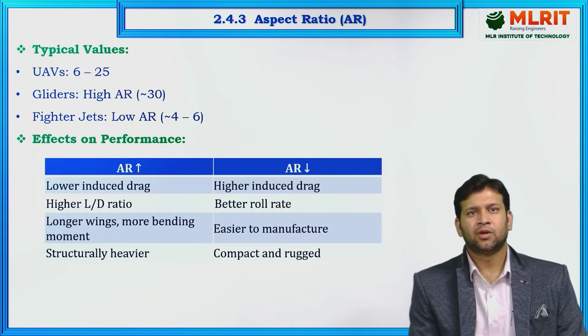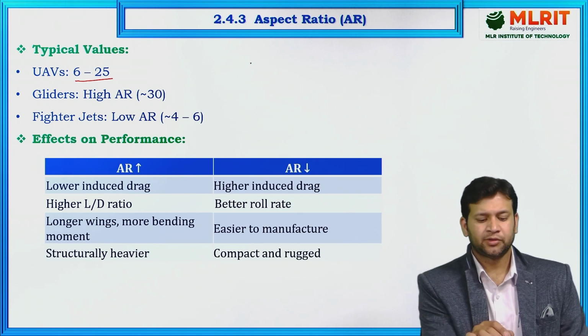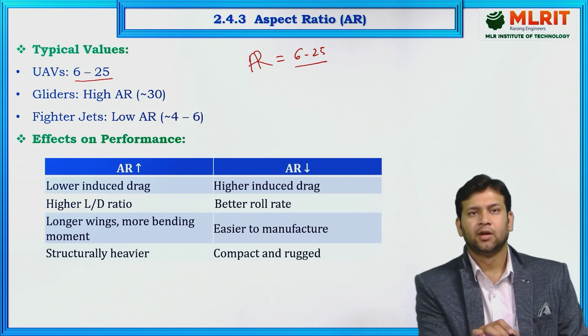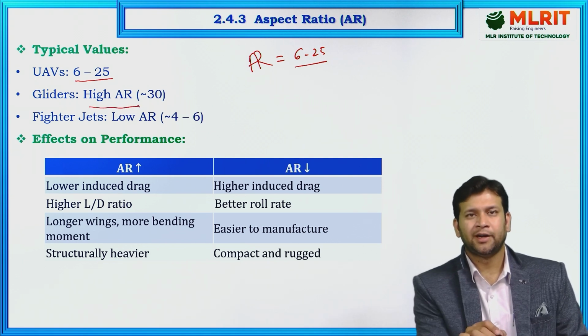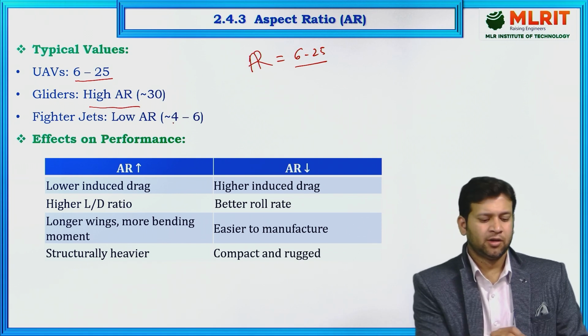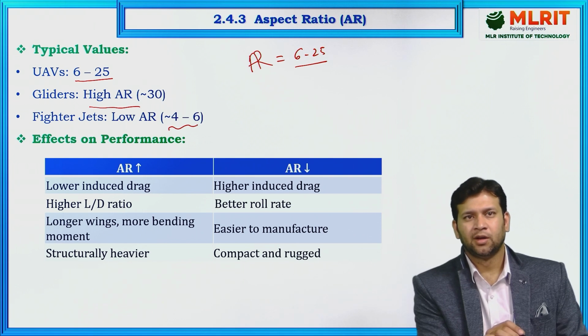Typical aspect ratio values of unmanned air vehicles are 6 to 25. Gliders have a high aspect ratio, approximately 30, and fighter jets have a lower one, approximately between 4 to 6.